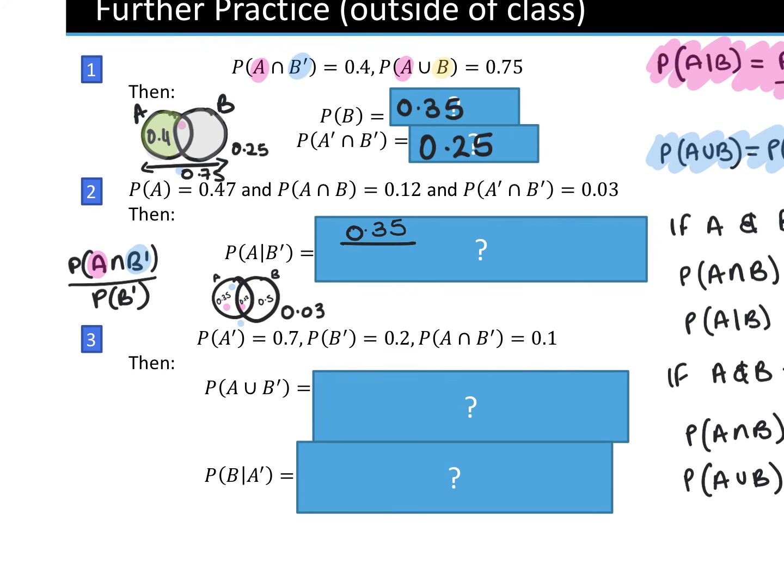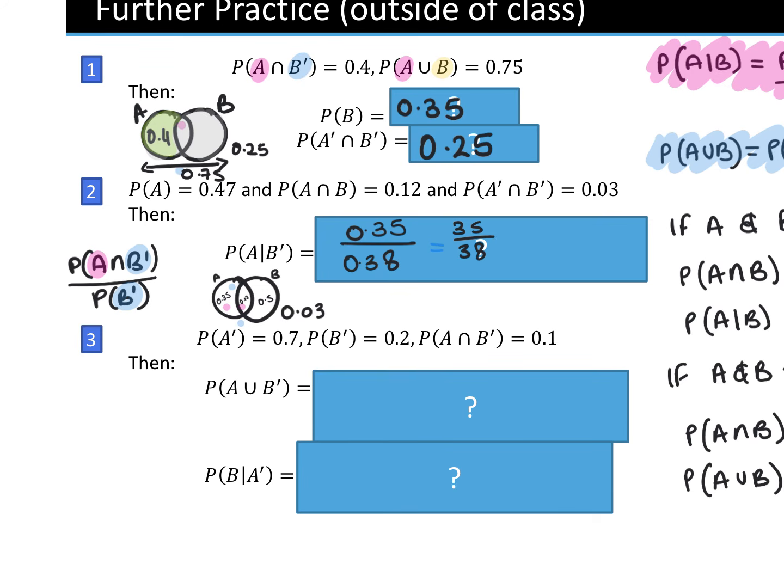Well, if the probability of B is 0.62, probability of not B is 0.38, or in other words, all the blue bits added up together, because that's not B, isn't it? When I put that into my calculator, I don't know what it is, but what I do know is this is equivalent to 35 over 38. I'm not going to leave it as a decimal, I'll leave it as a fraction.